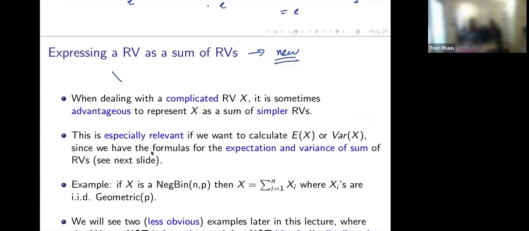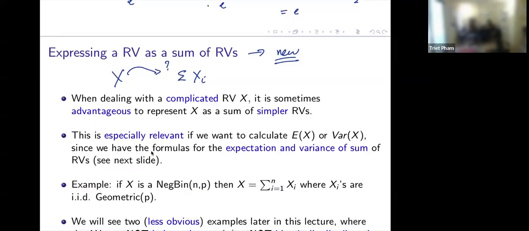We have a random variable X. We want to somehow be able to express it as a sum. When dealing with a complicated random variable X, we want to represent it as a sum of simpler random variables.